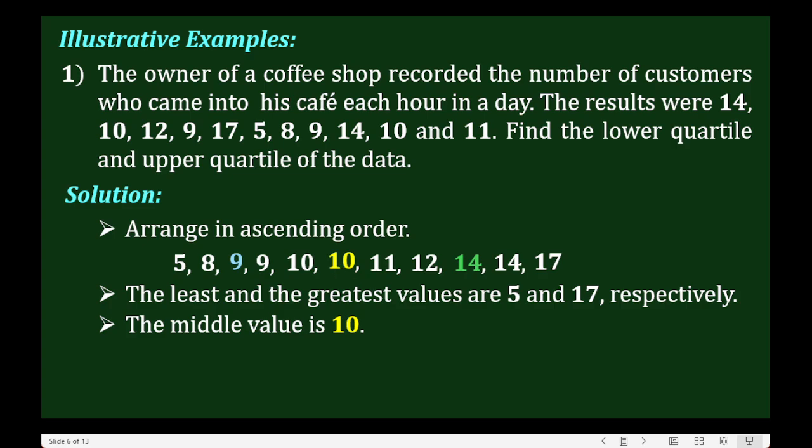Then the lower quartile can be found among those 5 numbers on the left side of the median, which is 9, the third position. So this is your quartile 1. And this is your quartile 2, which happens to be the median.